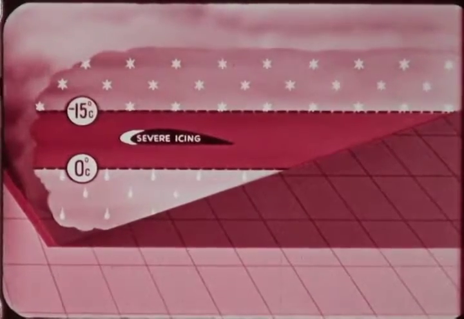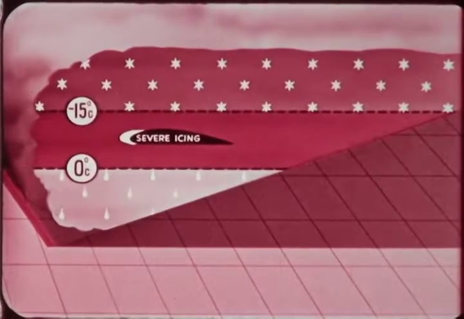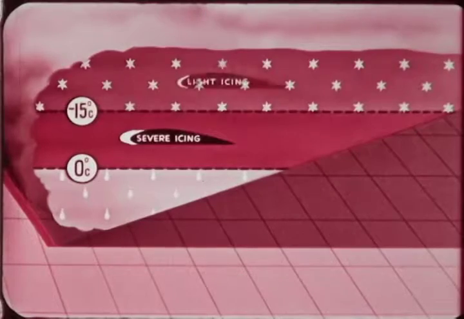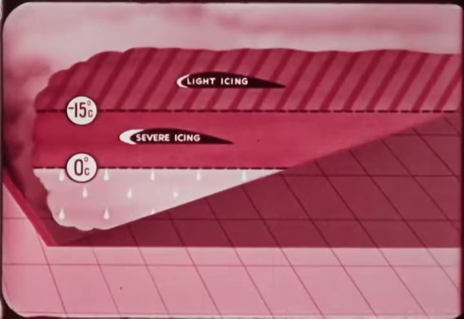In the area where the temperatures are below minus 15 degrees centigrade, the clouds are composed mostly of ice crystals, and normally a light formation of ice will be encountered. However, the mixture of supercooled water droplets and ice crystals can exist in temperatures below minus 15 degrees centigrade, and dangerous icing will then result.